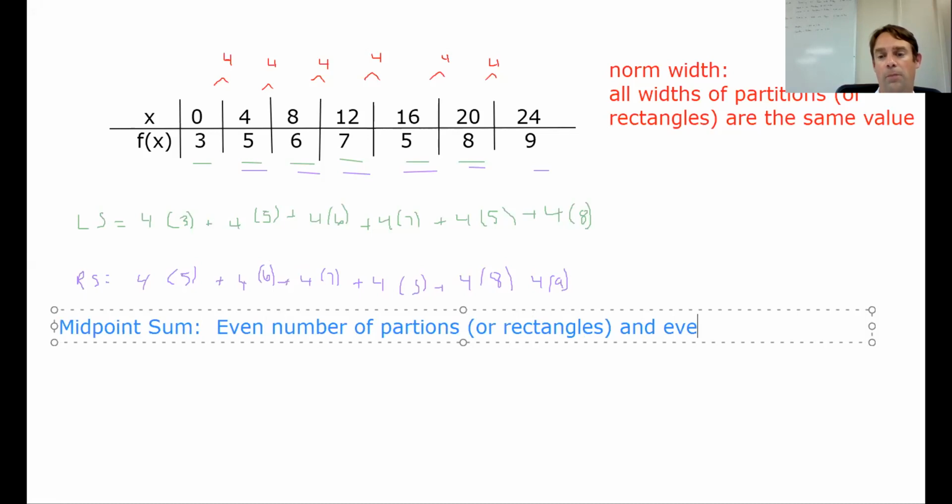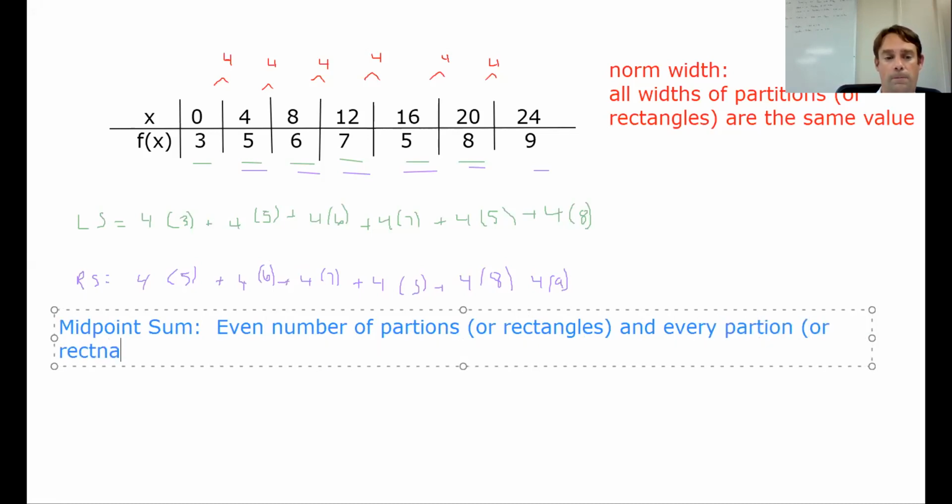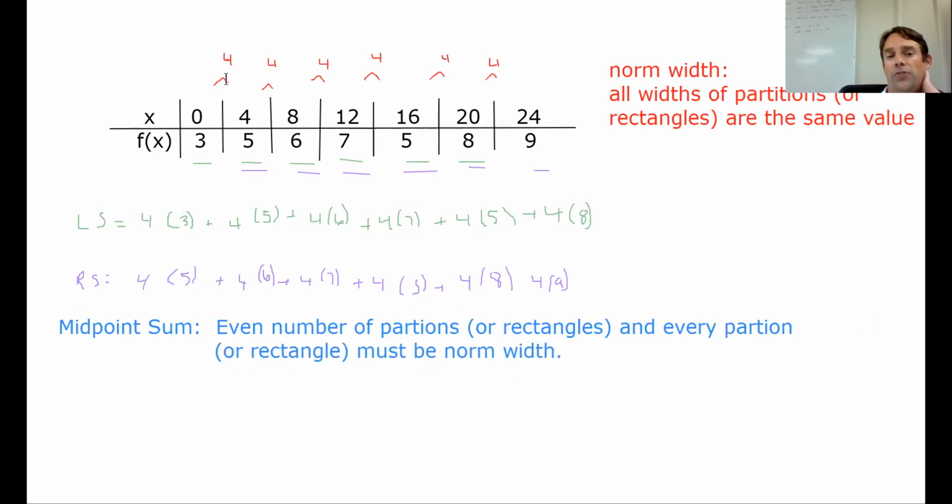And every partition must be norm width. So in this case, notice I have 6 partitions. There were 6 fours there, and they were all the same width.